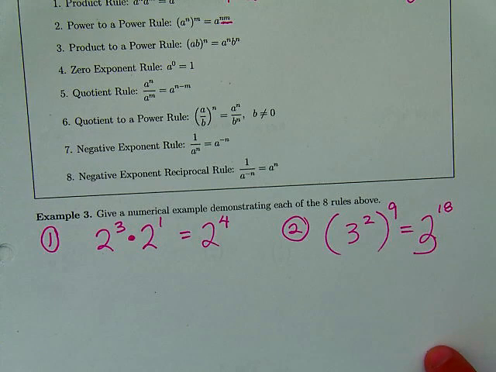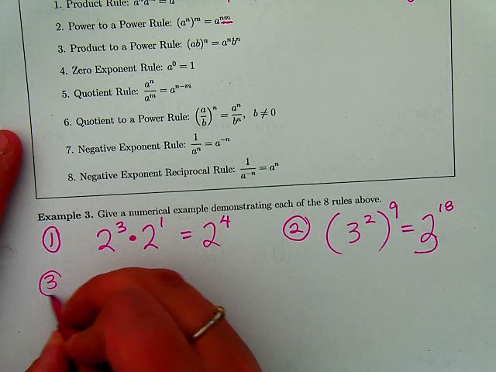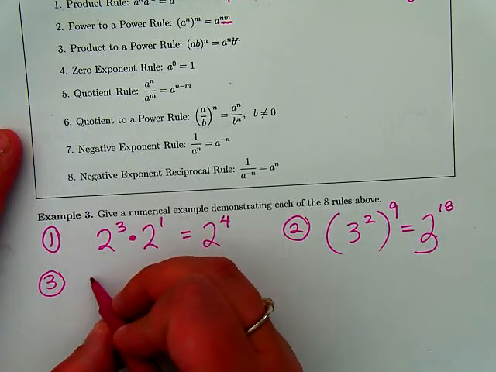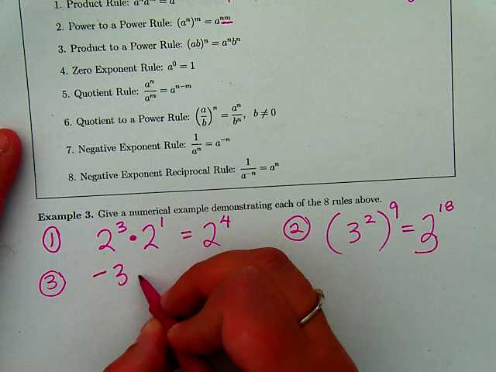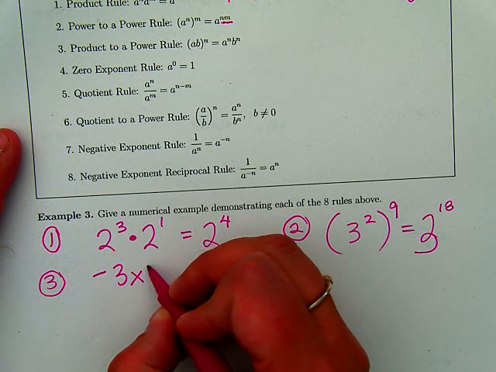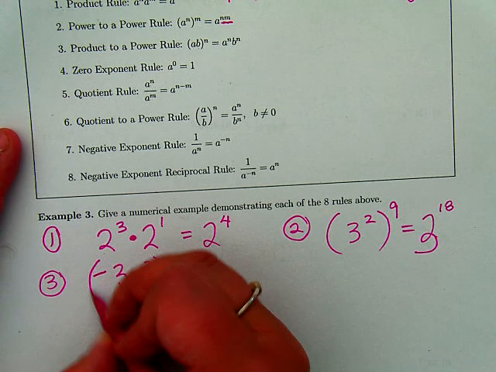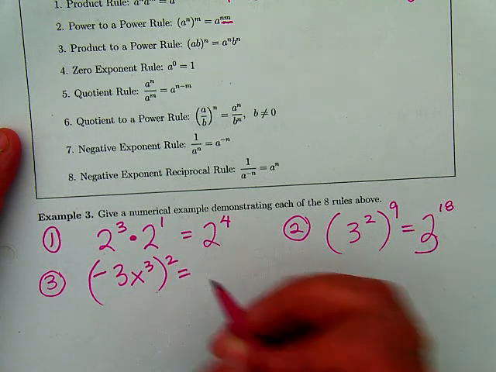Okay, number 3, product of a power. So these are the ones that we just reviewed that we know already. Negative 3x to the third, to the second power. What would that be?